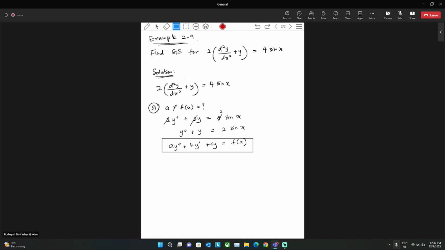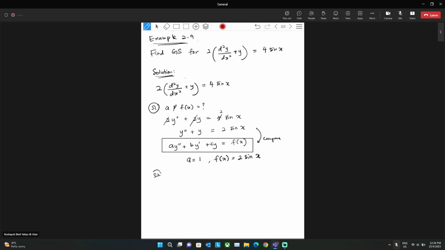So what is the value of your a? 1. a equal to 1, f(x) equal to 2 sine x. Right? So we settle for step 1.